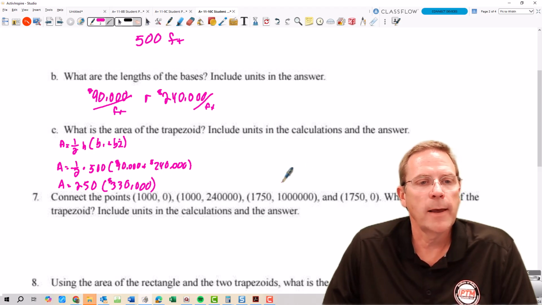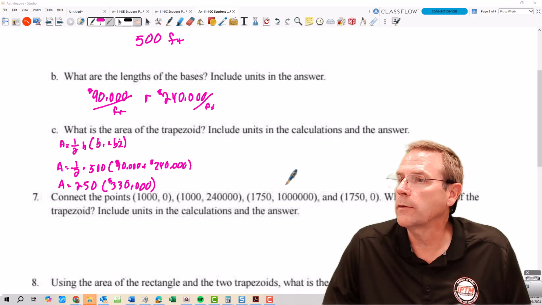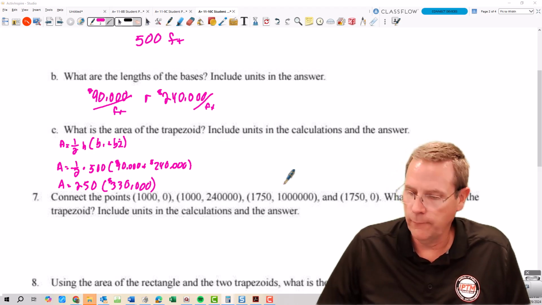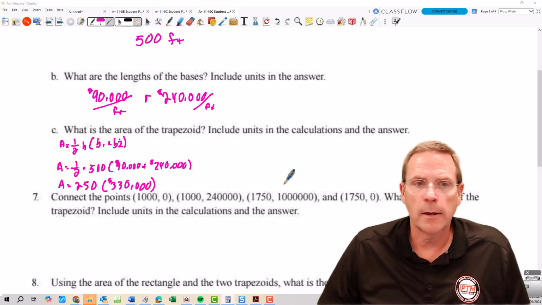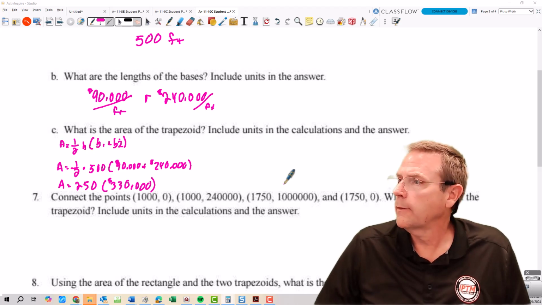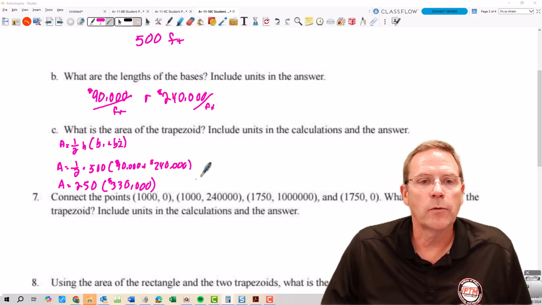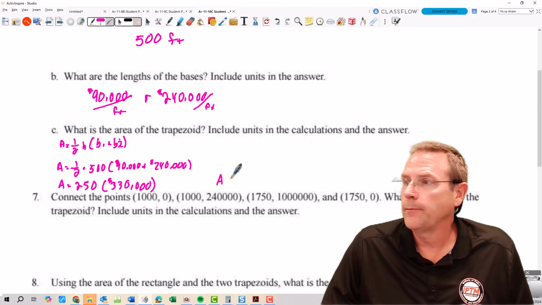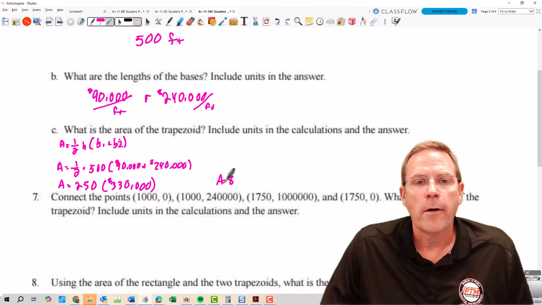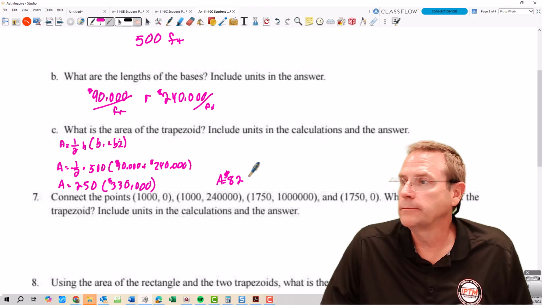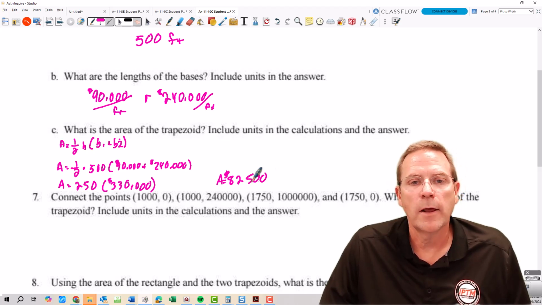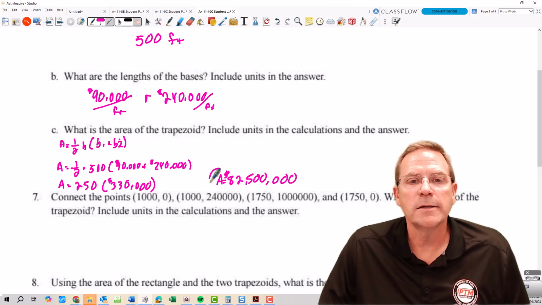And then from that, we're going to multiply, and we'll let you use your calculator on that. 250 times 330,000, and that's going to equal the area of $82,500,000, and that is going to be just for that one small section of the bridge.